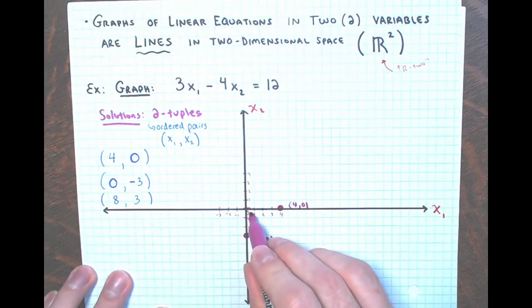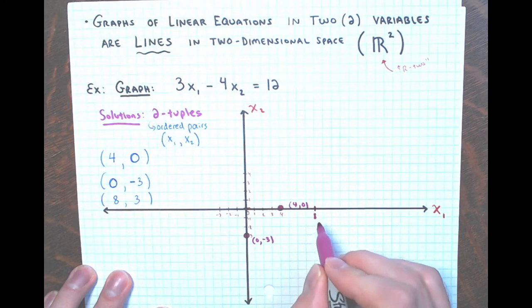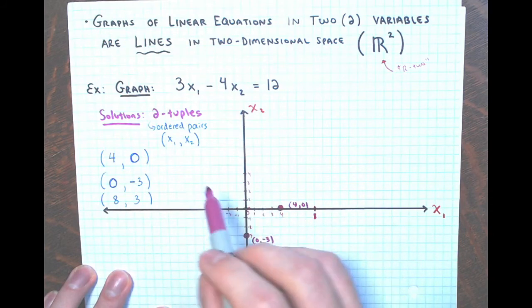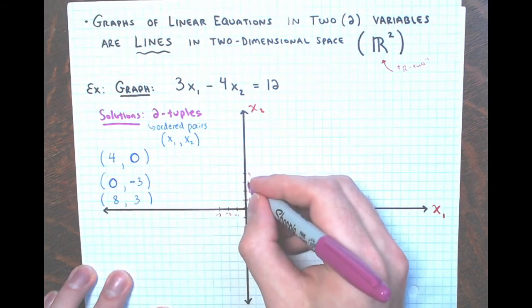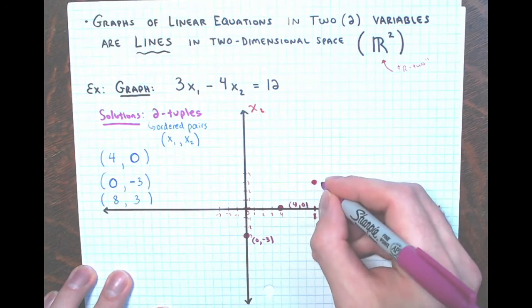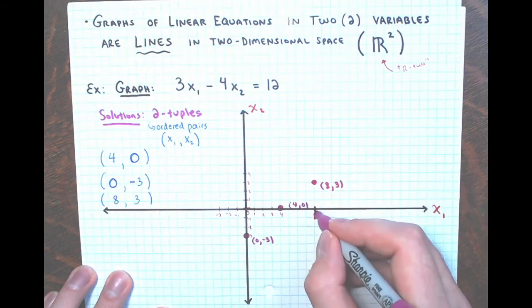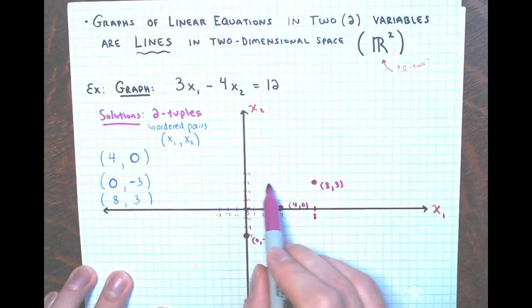So here's 1, 2, 3, 4, 5, 6, 7, 8 on x1, and then positive 3 on x2. So we're at this point here. This is the only point that's in line with both of those. There's the ordered pair (8, 3). It's in line with 8 on the x1 axis and 3 on the x2 axis.